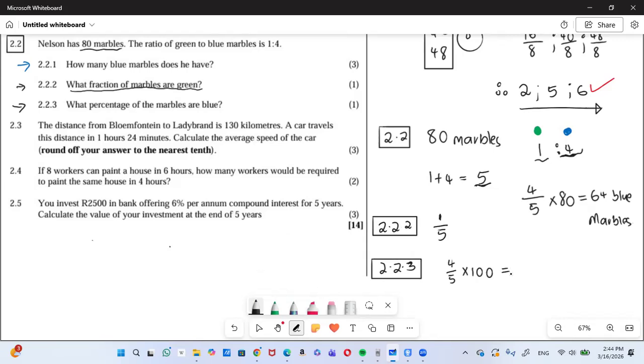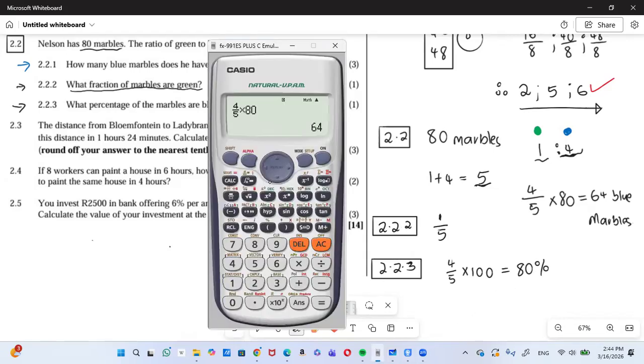I think our answer should be 80%. Let's quickly check in the calculator: 4 over 5 multiplied by 100. Yes, that is 80%.